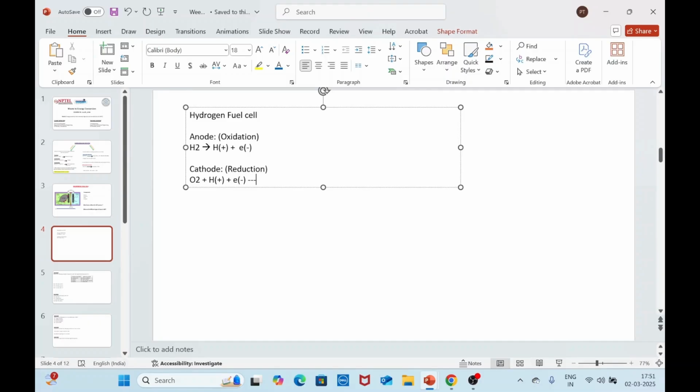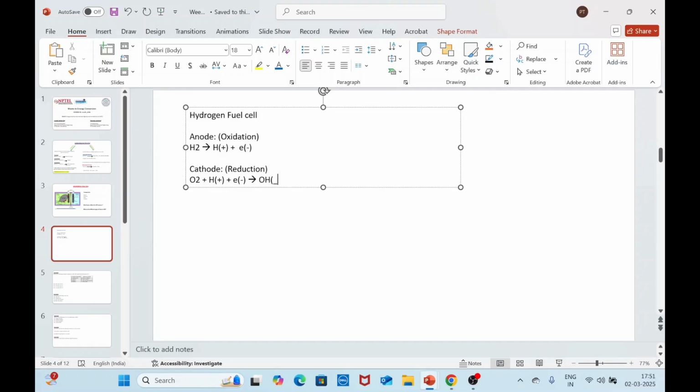So all these three components are going to react with each other to form H2O. So it is 2OH minus actually. It will form OH minus ions.